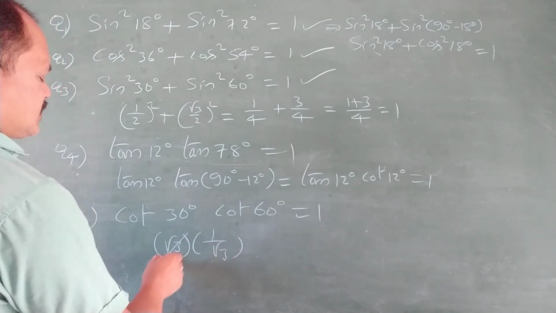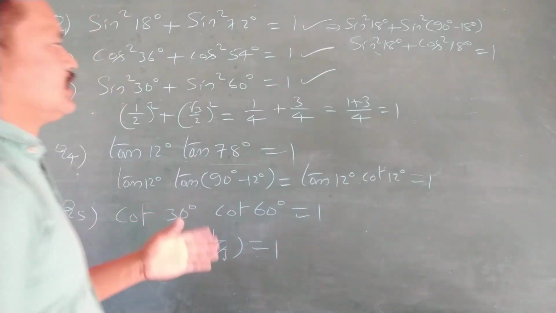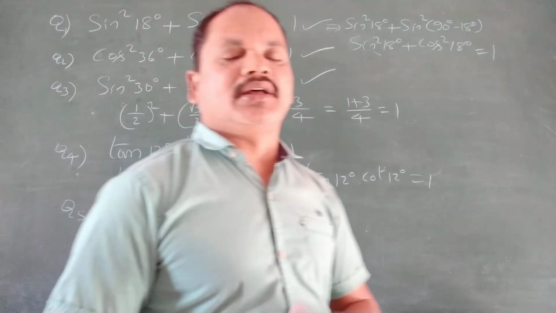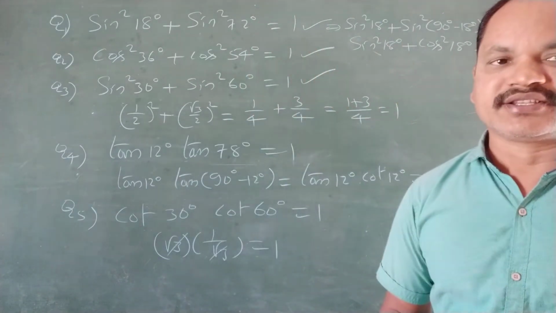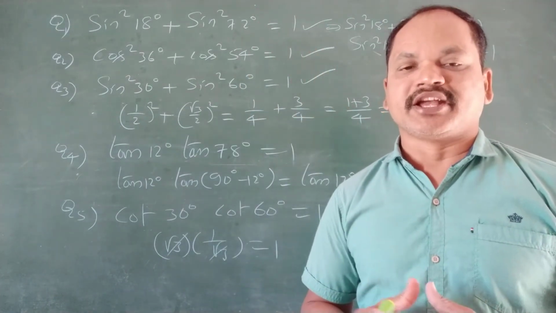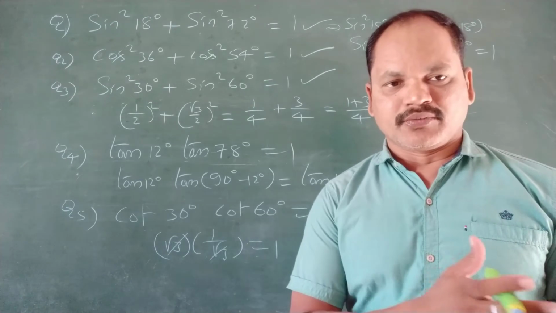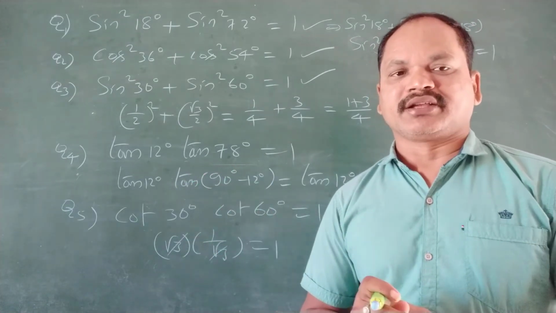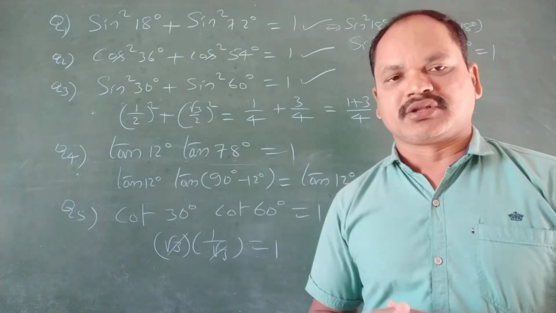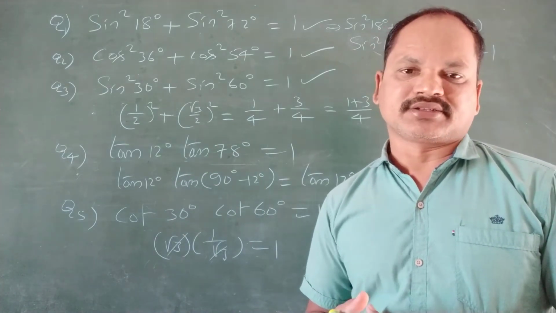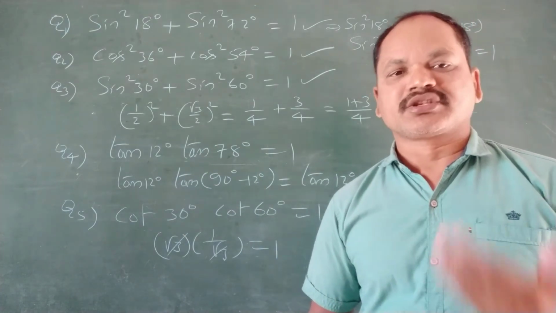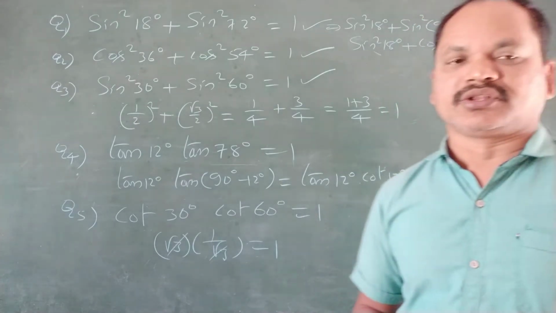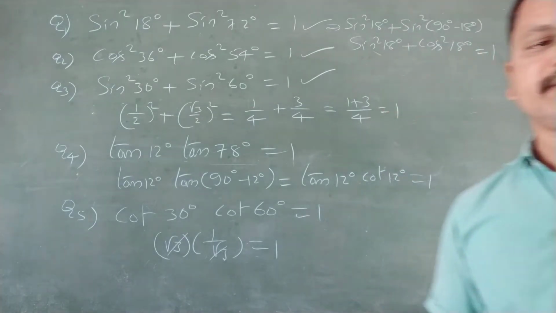Then these two get cancelled, the answer is 1. That's why the complementary angles concept is very useful, especially for objective questions and for lengthy questions also. So these are the examples on complementary angles. Okay, we can do some more questions depending upon complementary angles.